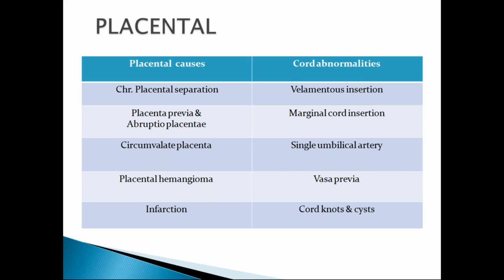Circumvallate placenta, hemangioma, and infarction are other pathologies. Other cord abnormalities include filamentous insertion, marginal insertion, and sometimes a single umbilical artery, vasa previa, true knot or false knot, or central cord cyst. You'll find all these things, and they also affect the growth of the baby.